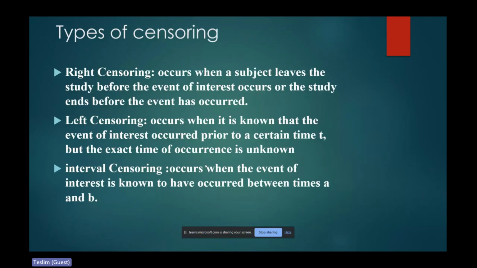The time at which the event of interest occurred was not known. It occurred when it is known that the event of interest occurred prior to a certain time t, but the exact time of the occurrence is not known. Prior to the age of 20, your event had occurred already, but the time at which it occurred, you did not know.